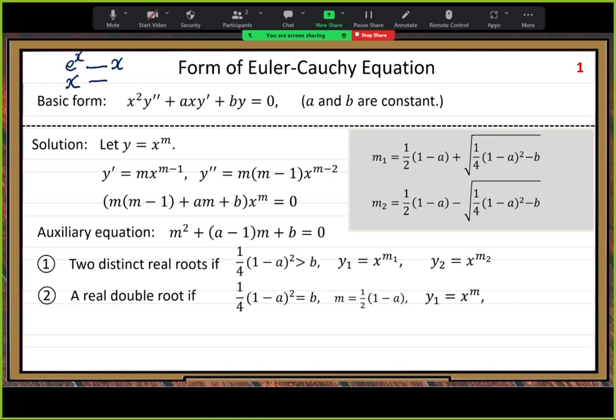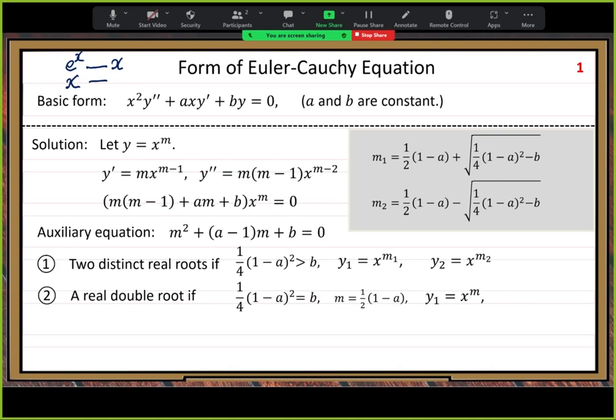Hard to see, right? Let's guess. When we make a guess, we want it to be very natural. Think about how we get from e to the x to x: take a natural log. From x to some new function, can we take a natural log?